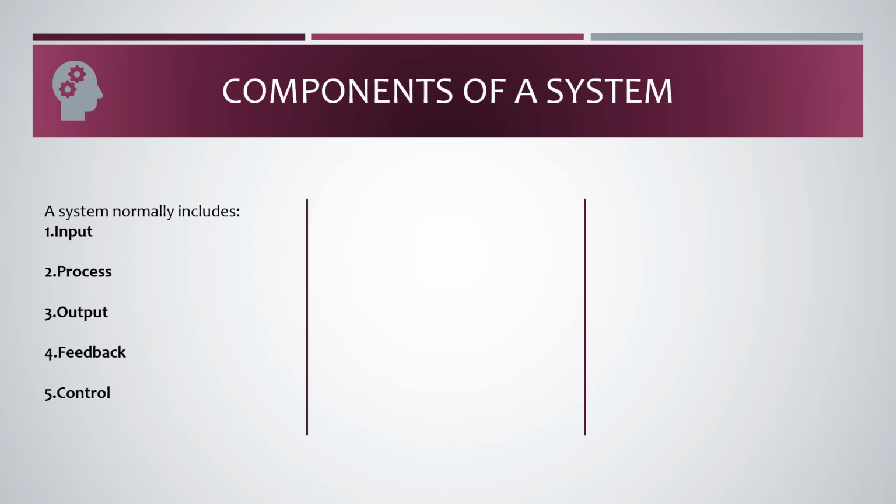The system will work on that input, it will process that input, and it will give the output. And then we will have the feedback, that is, how the system is working, and then we have control over the system, that is, how we can change the input, how we can change its processing, and how we can get different outputs. So these are the basic components of a system.